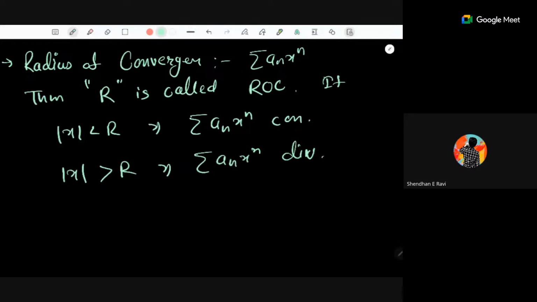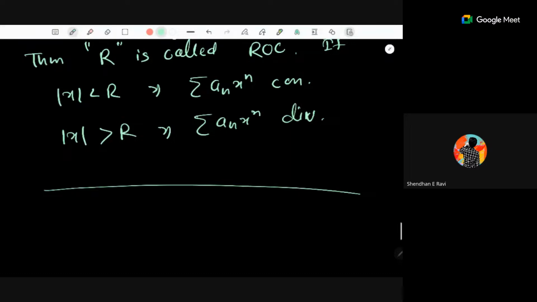So r is that number around which, over the real line, if you want to think about it, it's nothing but a type of interval, such that if you take a value of x with modulus of x strictly less than r. Here you can assume this distance is r. So if you take any x in between this particular 2r interval, from minus r to r, so the diameter is 2r if the radius is r.